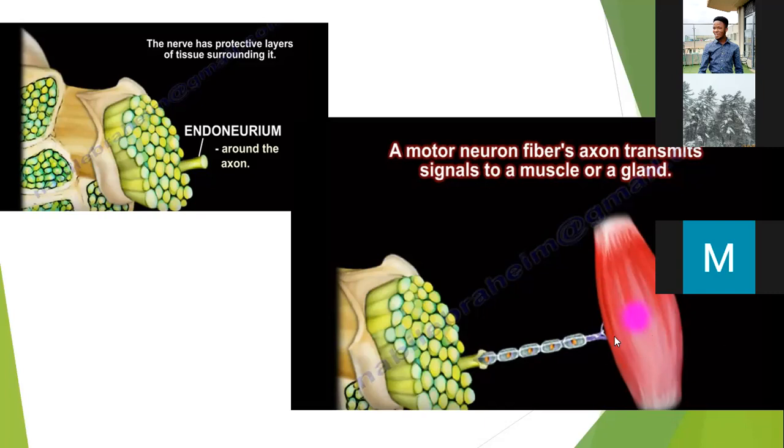If that is the case, the information will be going in that direction. That means they are sensory neurons. A good example coming from the skeletal muscle, we have just discussed that we can have two types of sensory neurons coming from the skeletal muscle.